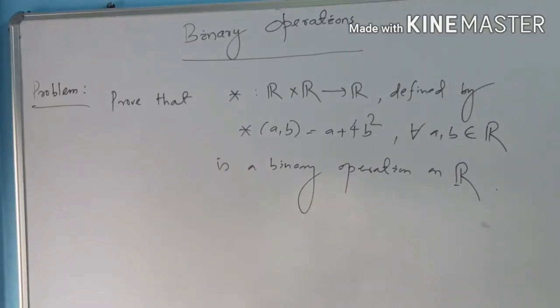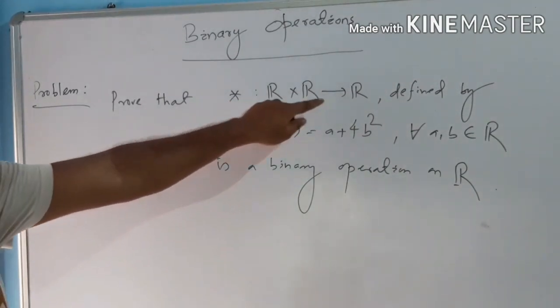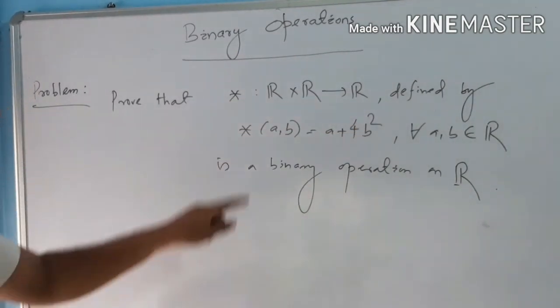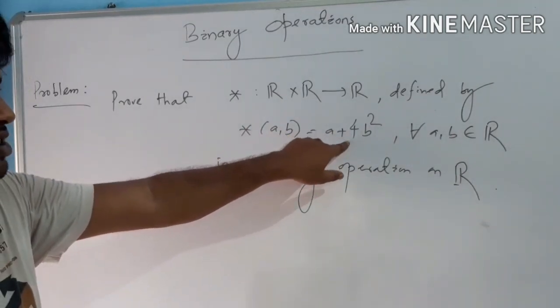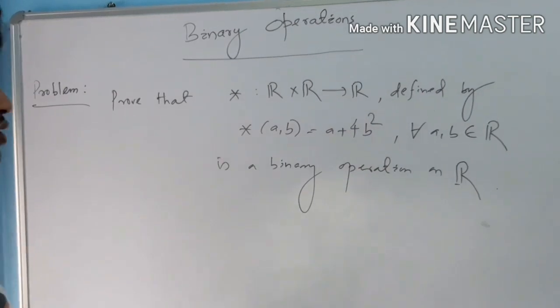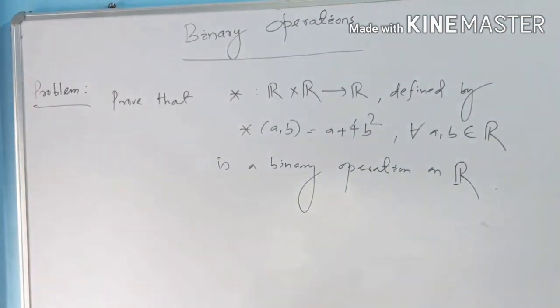Now I will discuss one problem. Prove that star from R cross R to R defined by star of A, B equal to A plus 4B square for all A, B belongs to R is a binary operation on R. This is very easy to prove.